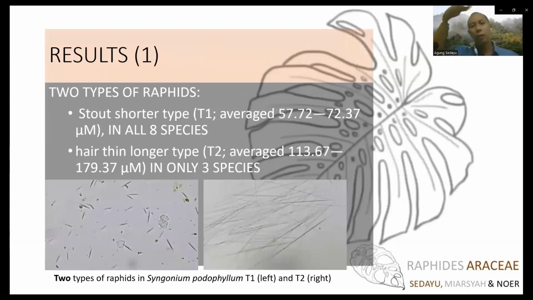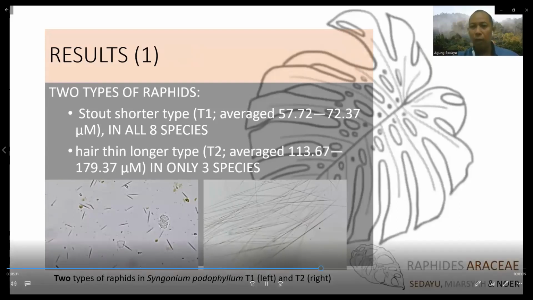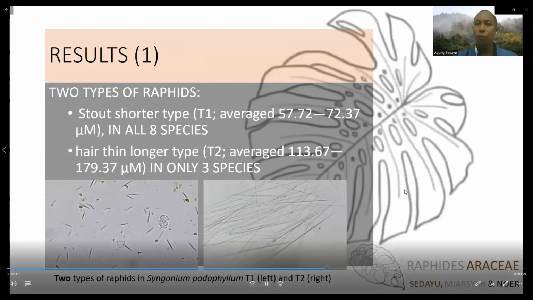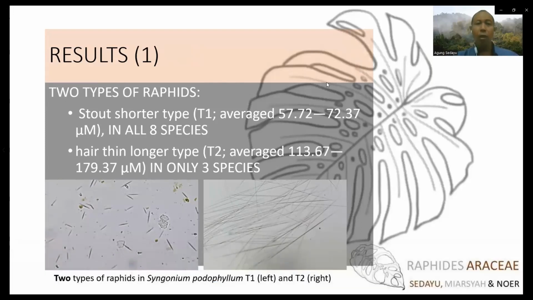We found that there are 2 types of raphids within the 8 species, which are the stout shorter type, which we call T1, a smaller one, averaging 57.72 to 72.37 micrometers in all 8 species.